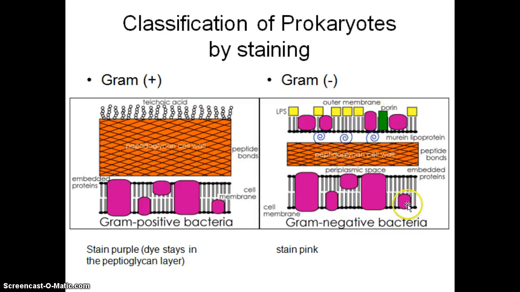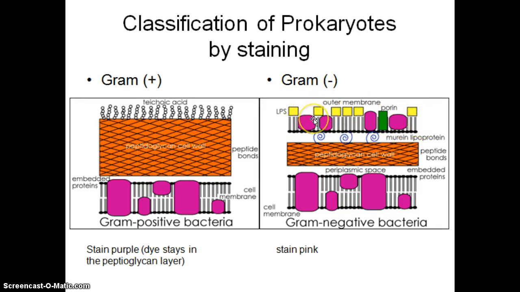On the other hand, a gram-negative bacteria, if we stain this, it's only got a very, very thin layer of peptidoglycan. It still has the cell membrane layer, much like a gram-positive does. The peptidoglycan layer is very, very much smaller, I should say. And then it has this extra layer on the outside.